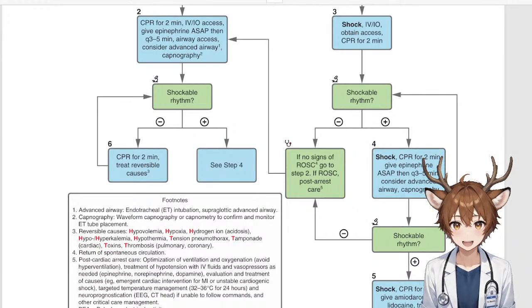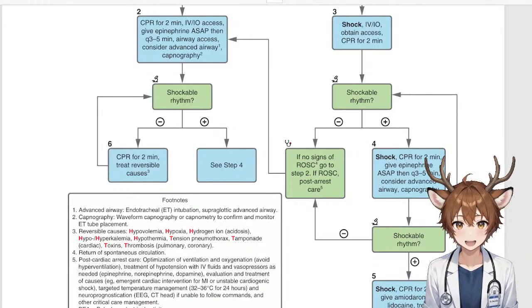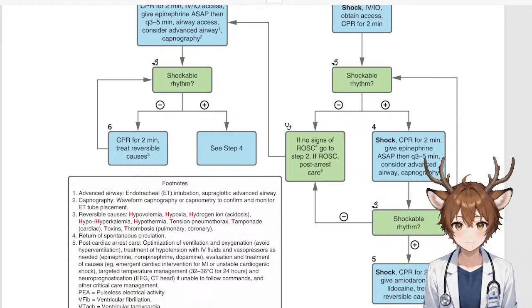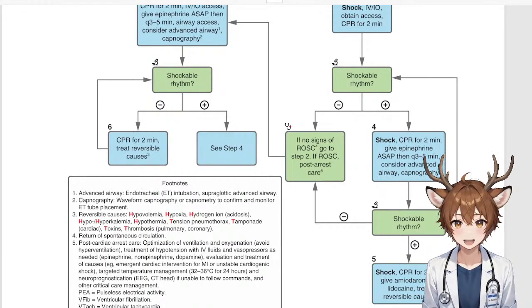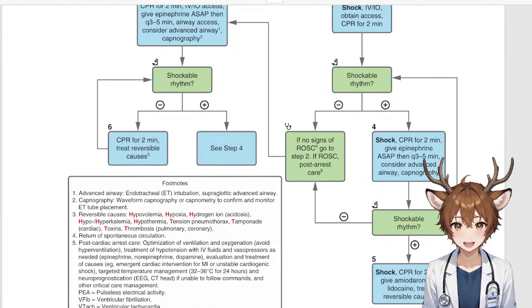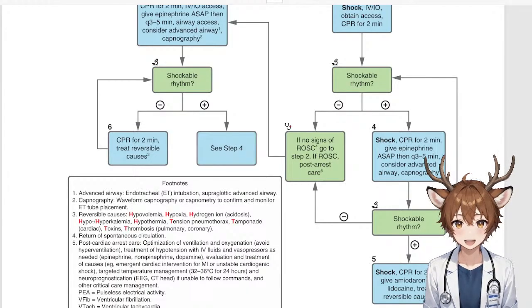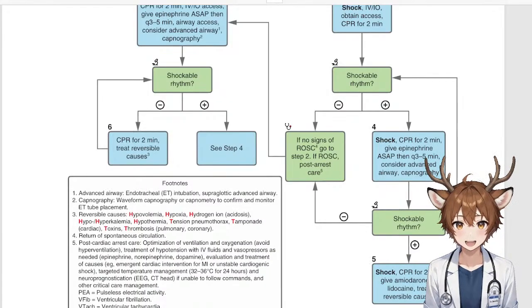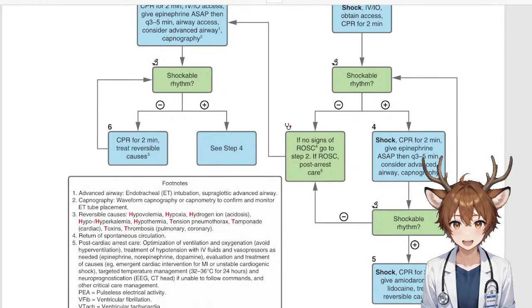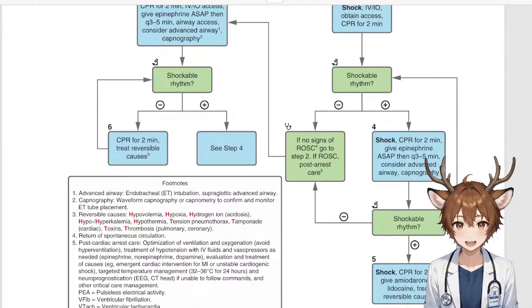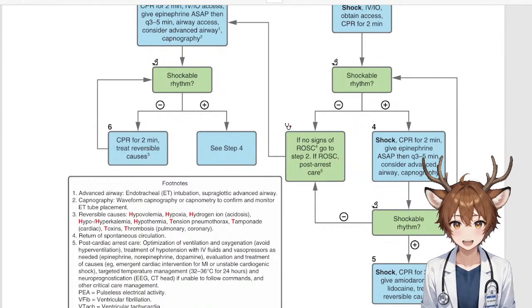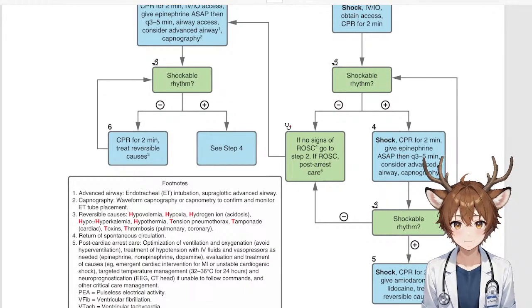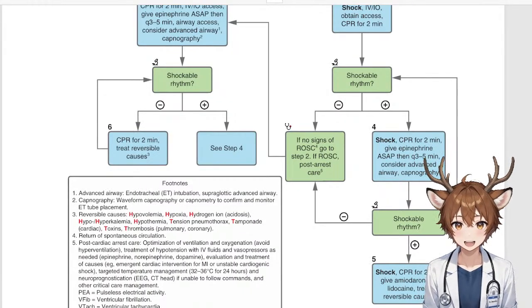If there is a return of spontaneous circulation, then post-arrest care. Here's step 5. It says post-cardiac arrest care: optimization of ventilation and oxygenation, avoid hyperventilation, treatment of hypotension with IV fluids and vasopressors as needed (epinephrine, norepinephrine, dopamine), evaluation and treatment of cause, that is to say emergent cardiac intervention for MI or unstable cardiogenic shock, targeted temperature management, 32 to 36 degrees Celsius for 24 hours, and neuroprognostication: EEG, CT of head if unable to follow commands, and other critical care management.